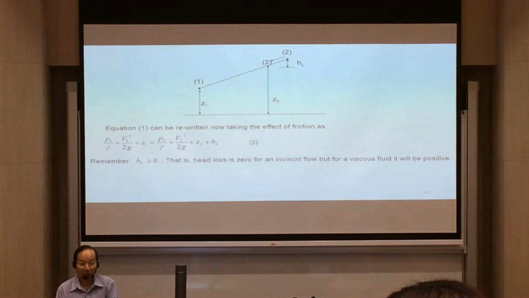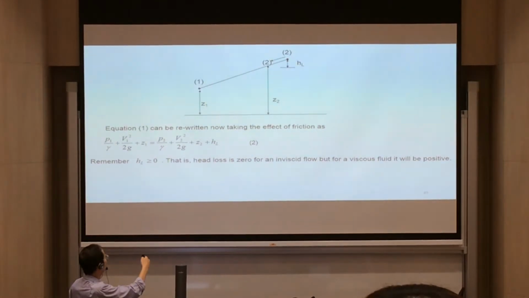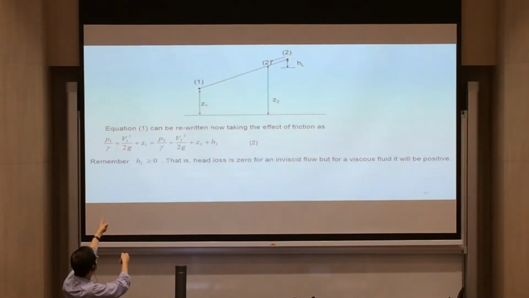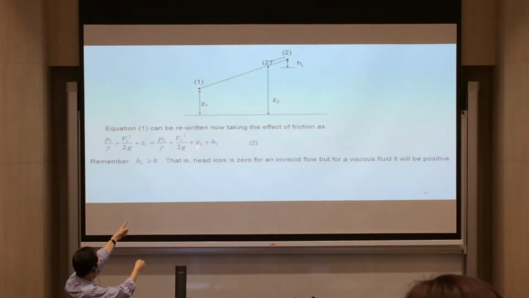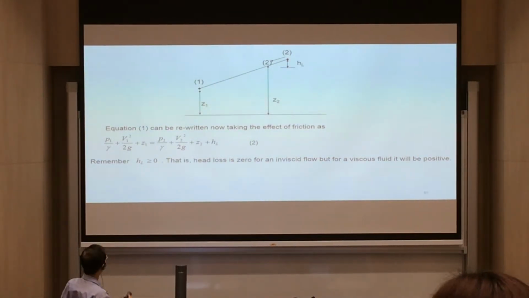The energy is not destroyed, it is converted to heat or whatever. So you must consider on the right-hand side the head loss term. In other words, the first three terms on the left are greater than the first three terms on the right, and it balances if you add the head loss, because it overcomes the viscous damage, the friction.